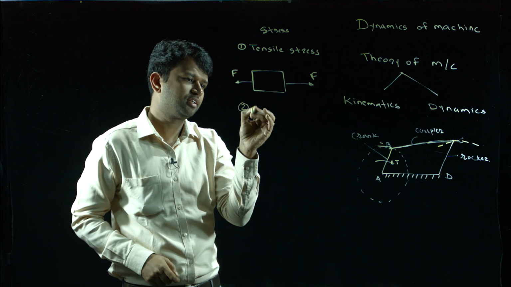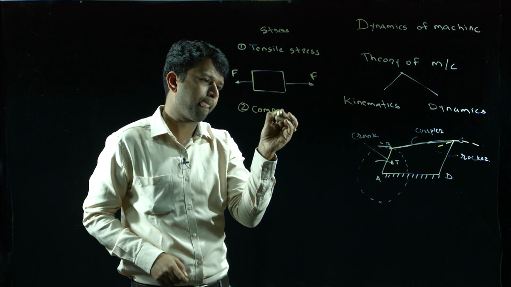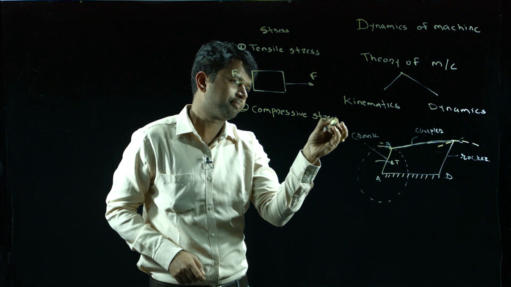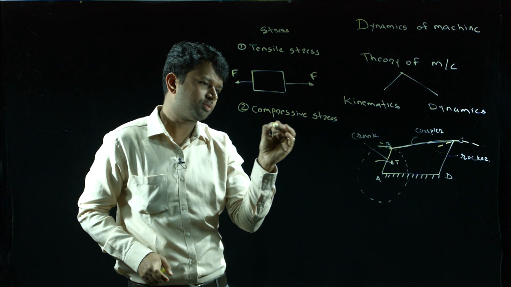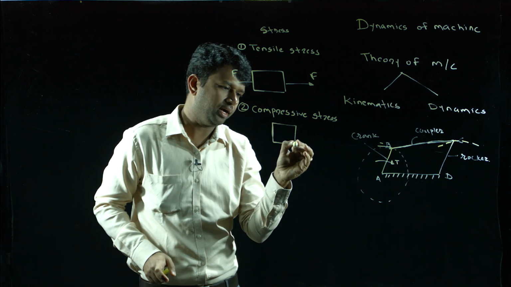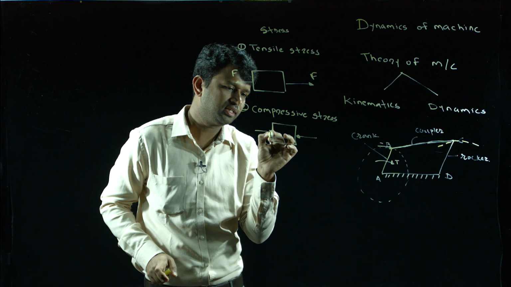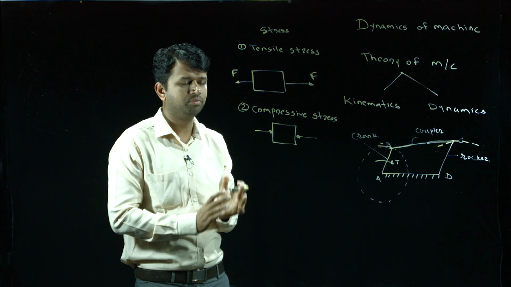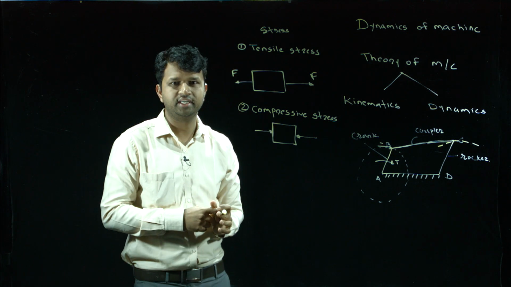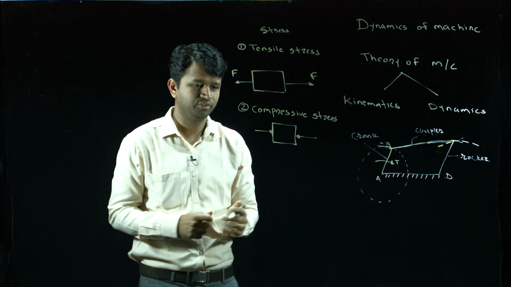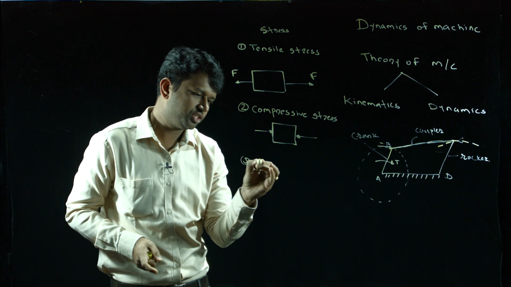Second is compressive stress. Okay. In compressive stress, suppose one body is there and on this body you are applying a force which is equal and opposite, and you are compressing that body. At that time the stress generated inside the body is known as compressive stress. Okay. And third one is shear stress.